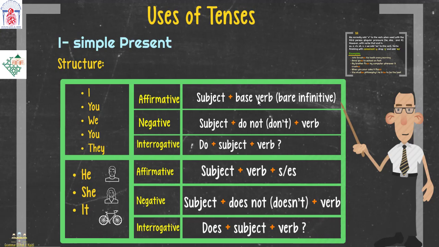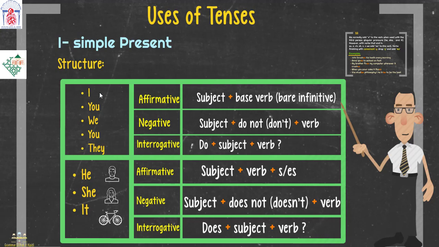For example, the infinitive is to play, but the base verb is play. To read, the base verb or the bare infinitive is read. Now remember, when we conjugate a verb, we don't use the to that exists in the infinitive form. We get rid of it and we use just the bare infinitive. So the affirmative form for the simple present is subject plus base verb or bare infinitive.